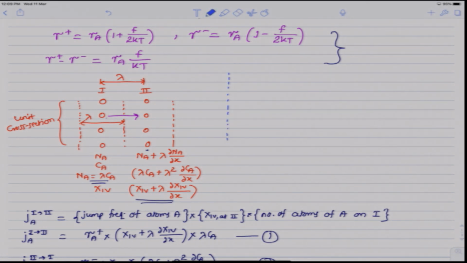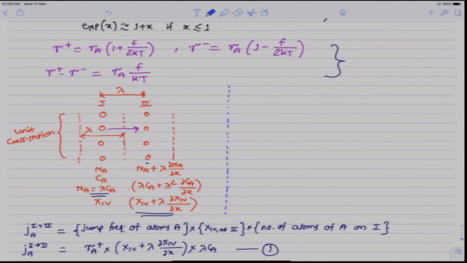So, if we consider a binary alloy of A and B, and since we are considering the diffusion by vacancy mechanism, let us also consider vacancy as one more species which is diffusing. This is because by creation or destruction of vacancies, there is a change in number of lattice sites, and so we need to consider vacancy as one more species here.